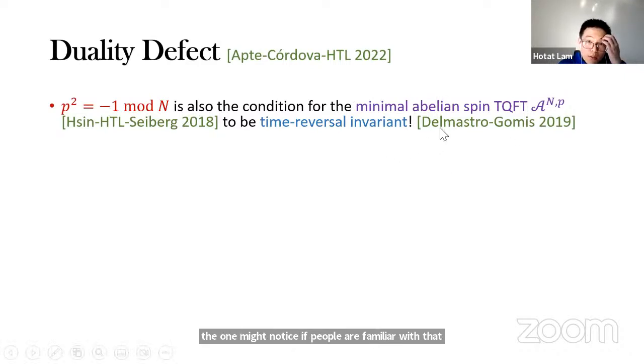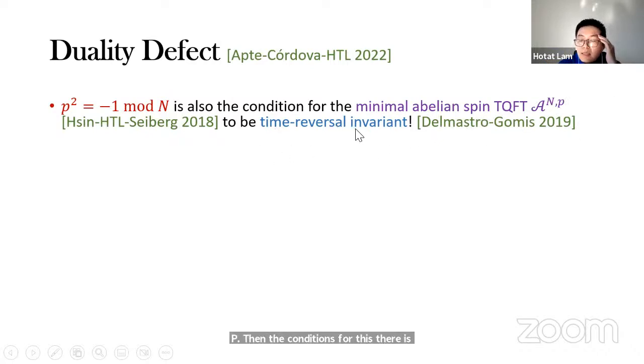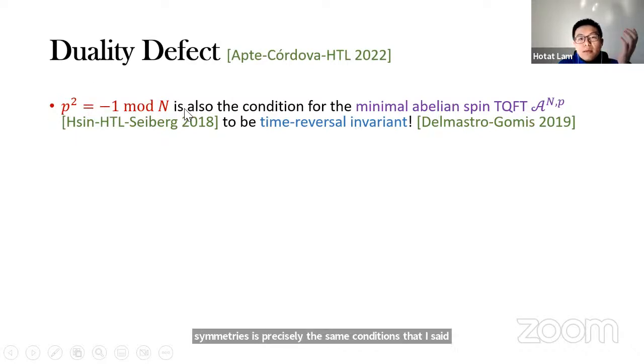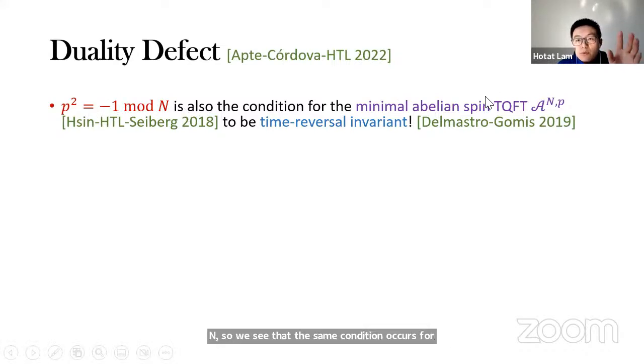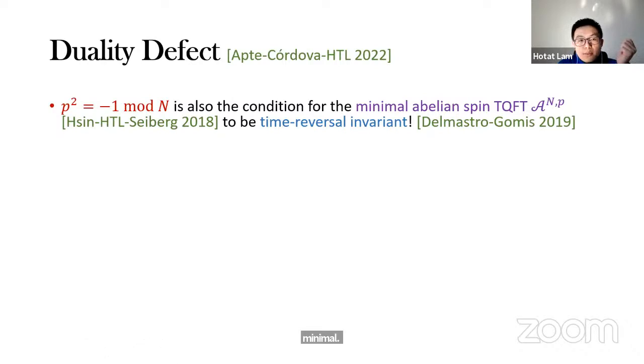It was pointed out in this nice paper by Mastro and Gomez that if we consider a minimal abelian TQFT A_{N,P}, then the condition for this theory to have time reversal symmetry is precisely the same condition that I stated before, that P squared has to equal -1 mod N. So we see that the same condition occurs for self-dual SPT and also occurs in the time reversal symmetry of a minimal abelian TQFT. It turns out this is not a coincidence.